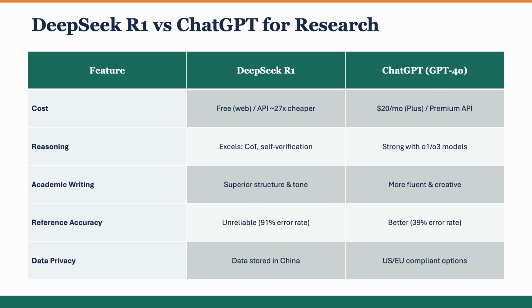For citation accuracy, this is a critical area for researchers. A study published on Science Direct comparing DeepSeek R1 against ChatGPT 4 and ChatGPT 4o in the context of musculoskeletal radiology found that DeepSeek R1 generated responses that, and I quote, "may appear authentic but contain a higher amount of falsified and inaccurate information."